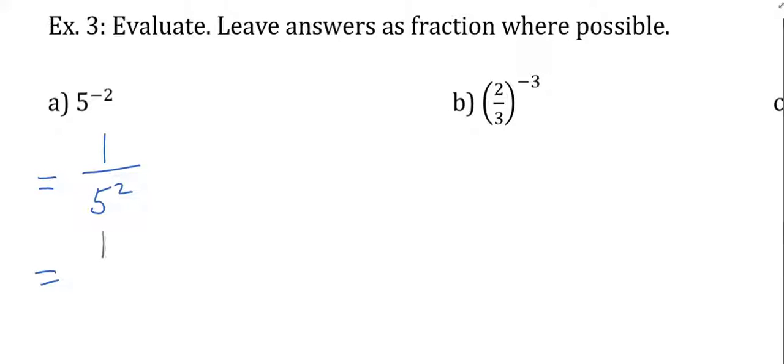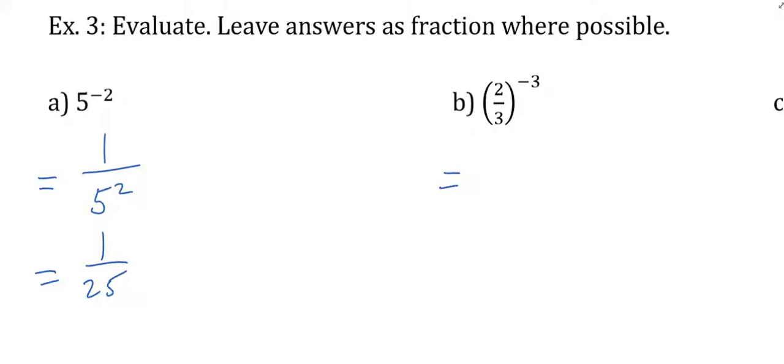Pearson, what do you think? Nice. So our example A is what happens if it's a whole number. It's 5, so 5 over 1 becomes 1 over 5. 2 over 3 becomes 3 over 2 to the positive 3. And what happens to an exponent that's on a fraction?